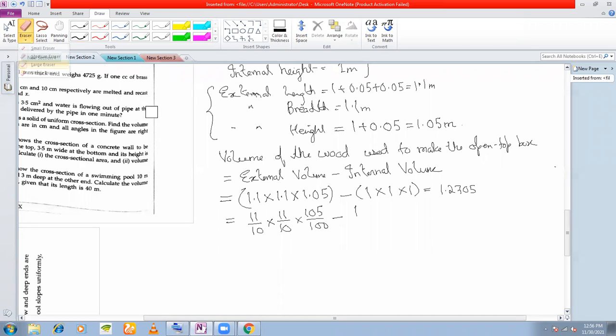Okay, let me do it this way only. So this will give you 12705 divided by, now if you multiply 11 into 11 into 105, you're going to get 12,705, minus 1. Now you can take the LCM.